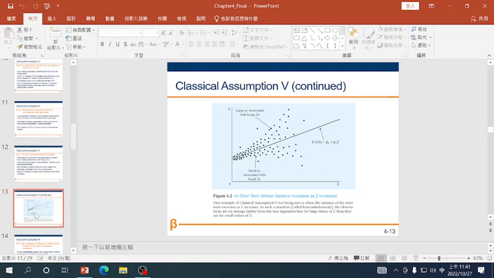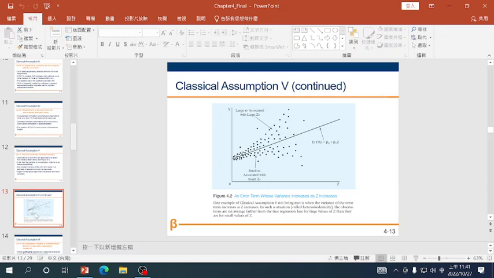Then what do we mean by constant variance? If we see the diagram, something like this one. If this assumption is met, what do you mean by this one?